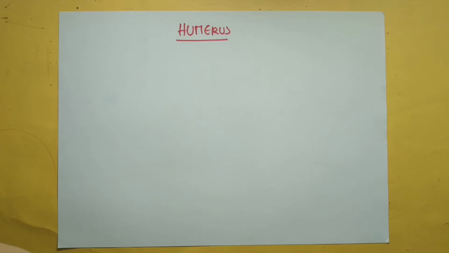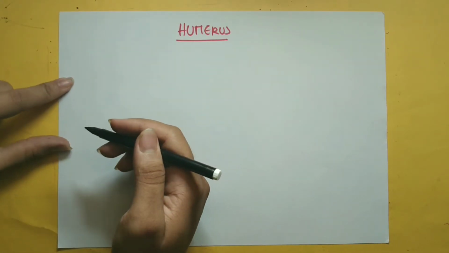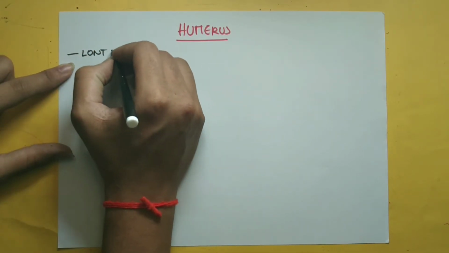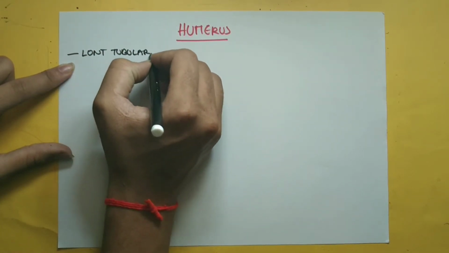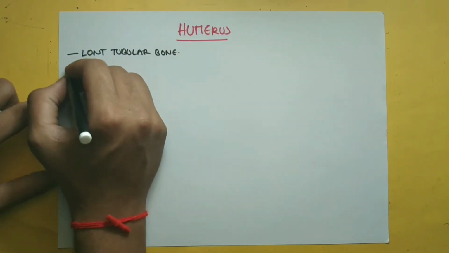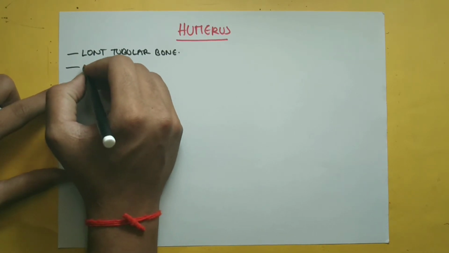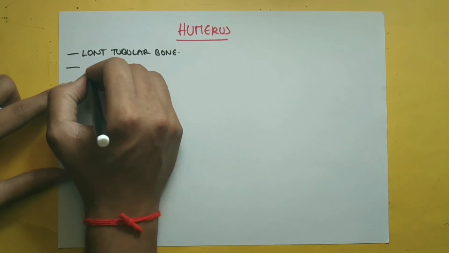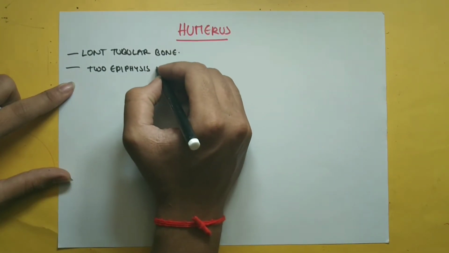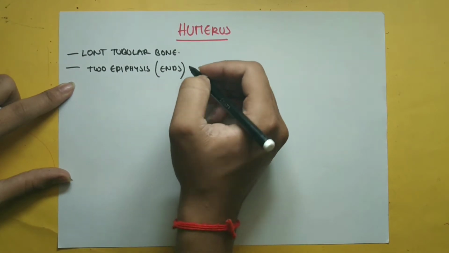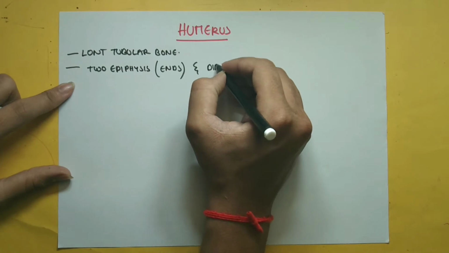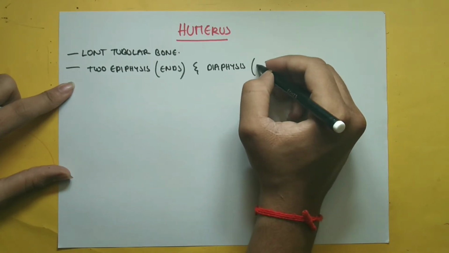As we all know, the humerus is the long tubular bone in the human body. It consists of two epiphyses, those are the ends, and one diaphysis, that's the shaft or the body.